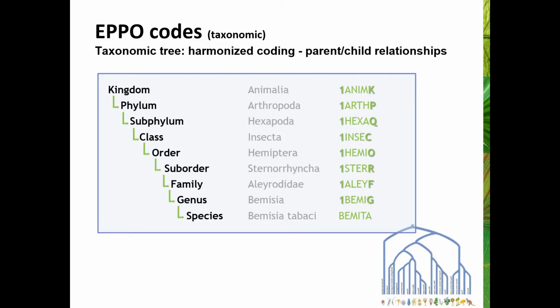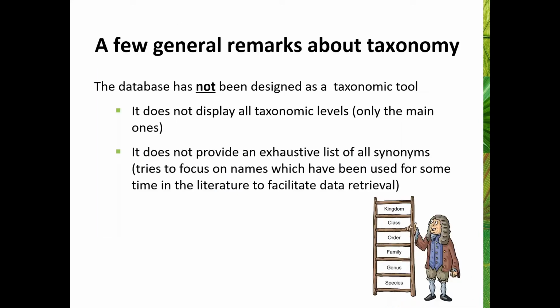So there are relationships between the species, the genus, the family, and so on. So the taxonomic tree is, in a way, represented in the system and corresponds to logical links between the different, let's say, units. But I must say that the coding system is not a taxonomic tool.